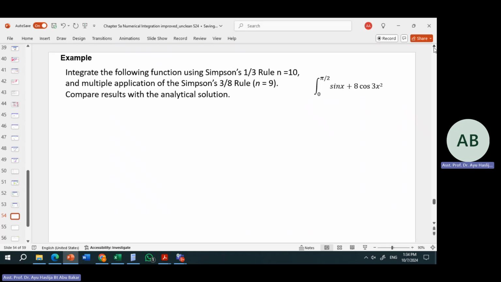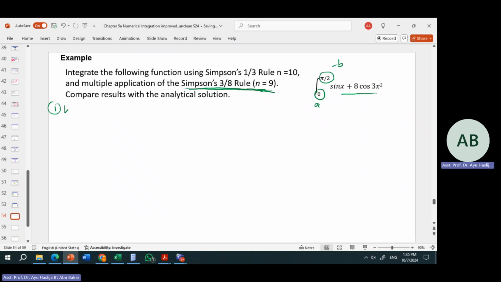We try to do this question. Just proceed with 3/8 rule, n equals to 9. Okay, proceed with this only. Simpson 3/8, n equals to 9. This is the function given. Your a, b.